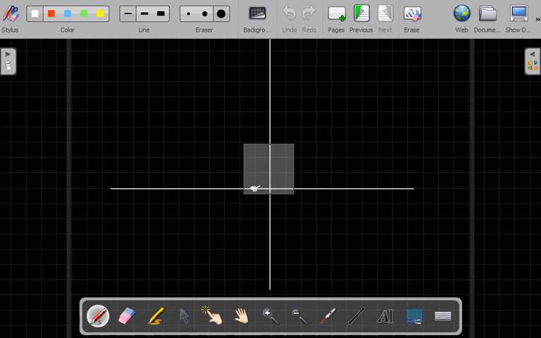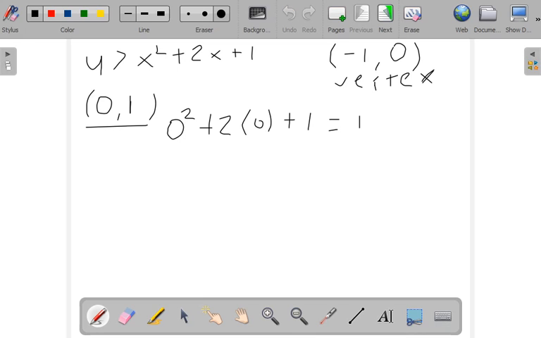There we go. Okay, so we have the point there on our graph, and because it's symmetric, we're going to have 1 on the other side, right? Going back and looking at our original equation, it says that y is greater than.